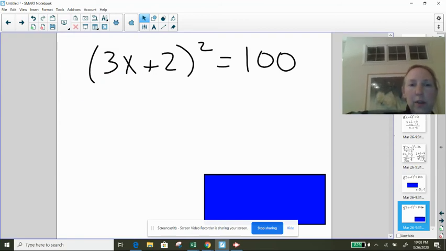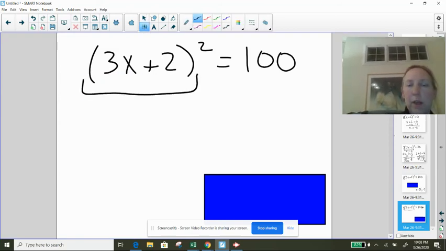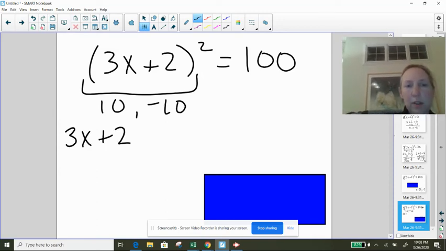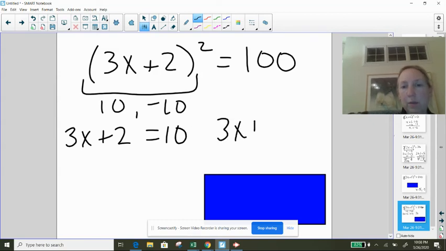So again, we look at this quantity and we say what squared is 100. So I know I want this quantity to be 10 or negative 10. And then I'm going to write my two equations. What makes 3x plus 2 turn into a 10? And what makes 3x plus 2 turn into a negative 10?